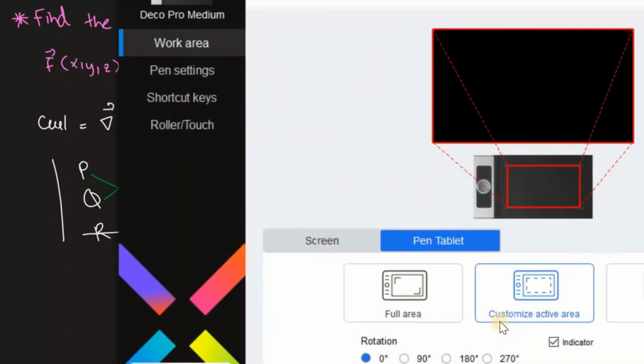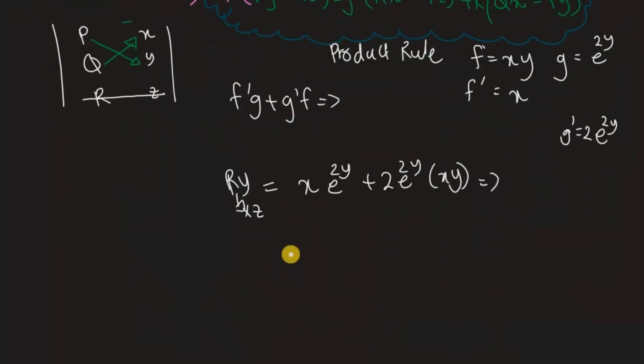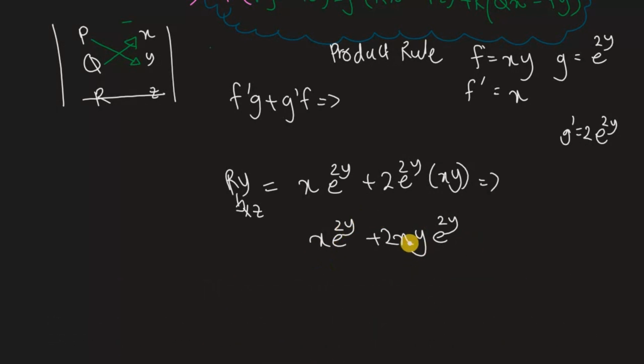If you want, you can simplify it a little bit: x e to the 2y plus xy times 2e to the 2y. You see x e to the 2y is in here, and x e to the 2y is in here as well, so you can factor it out. If you factor out x e to the 2y, here you're left with 1, and here you're left with 2y. So this is the answer for R sub y then.